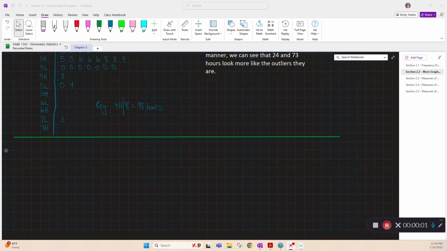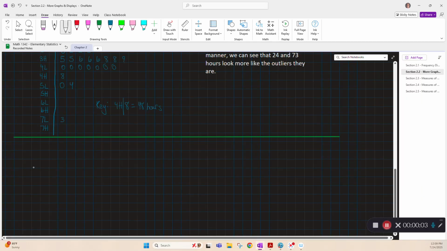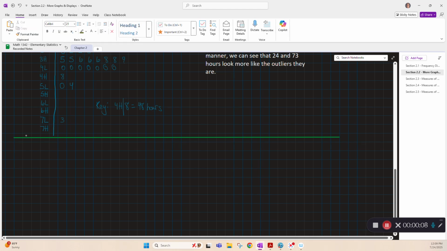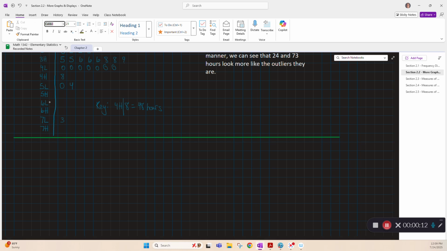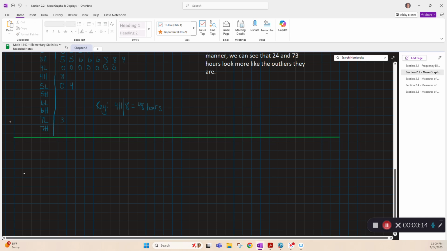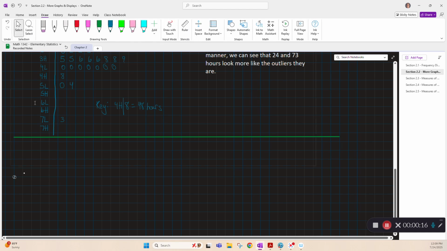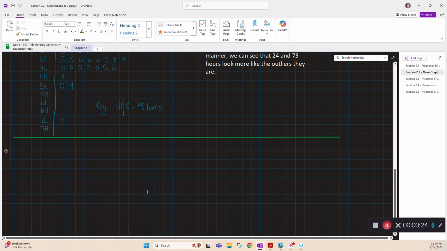Okay, so now let's talk about a dot plot. For a dot plot, let's get a definition in here first.